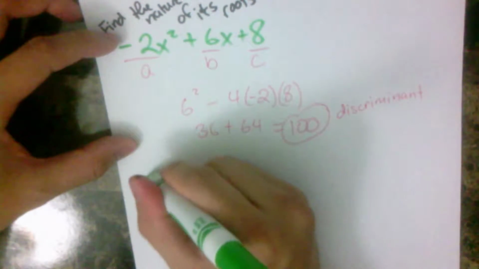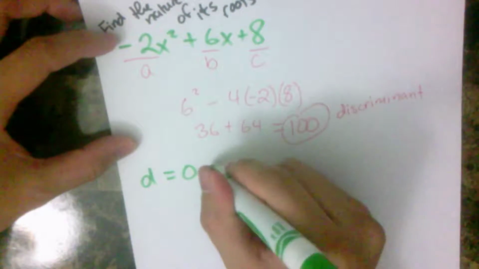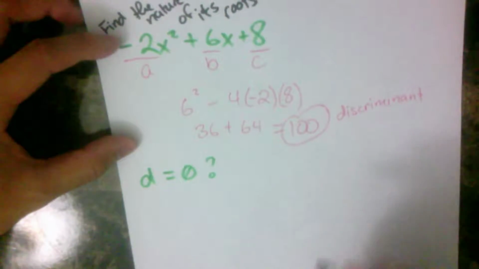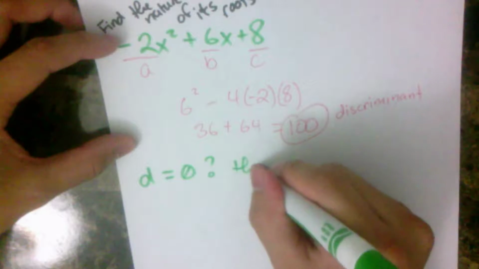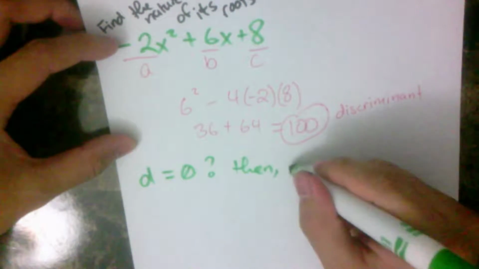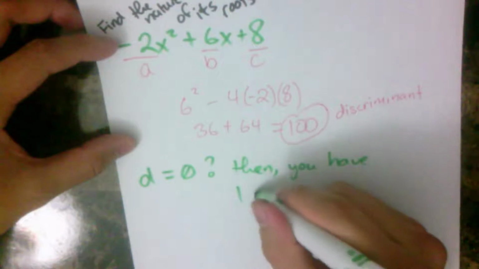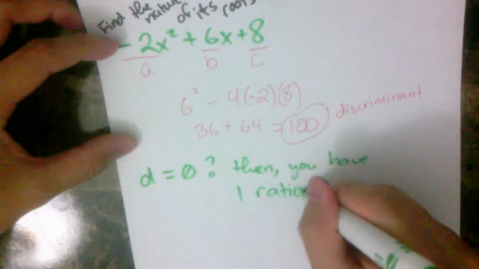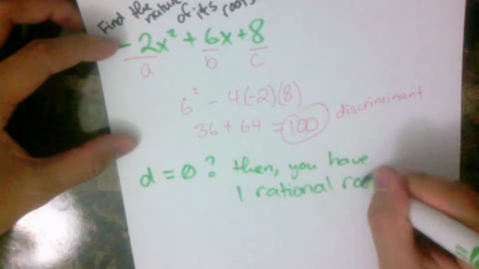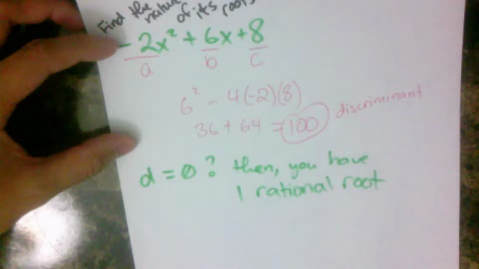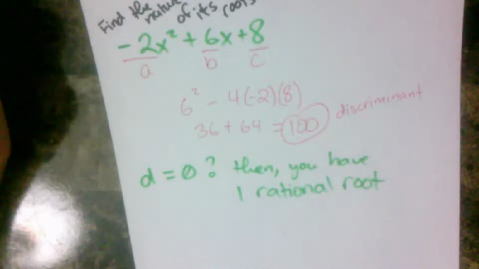So either the discriminant equals 0, and if the discriminant equals 0, then you have one rational root. Okay? One rational root.